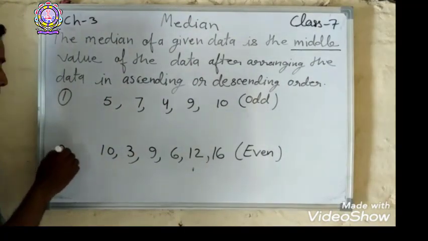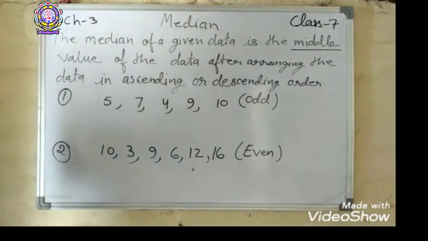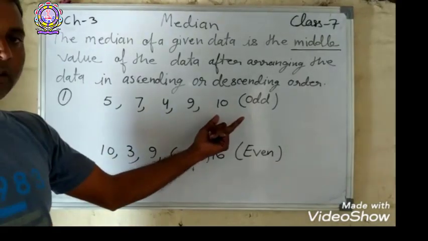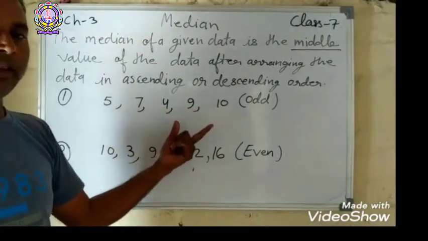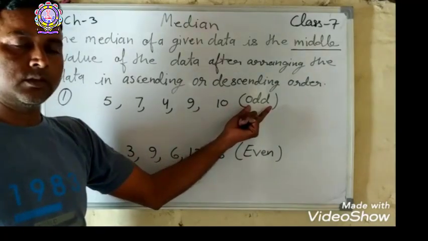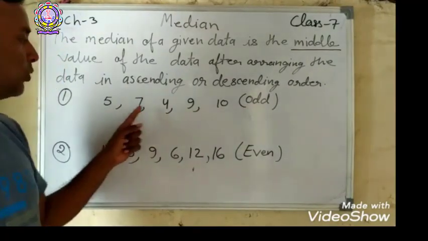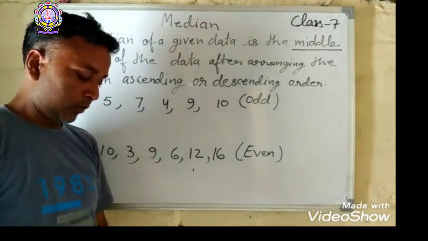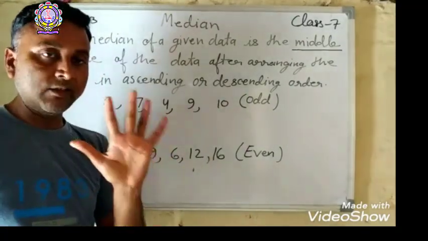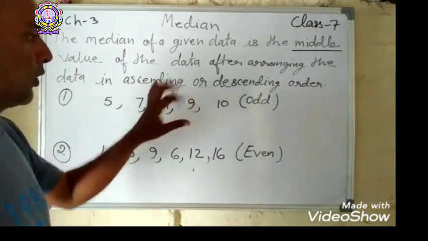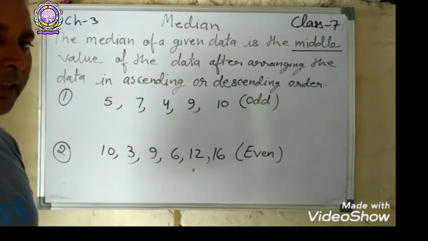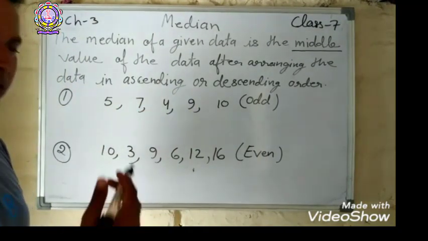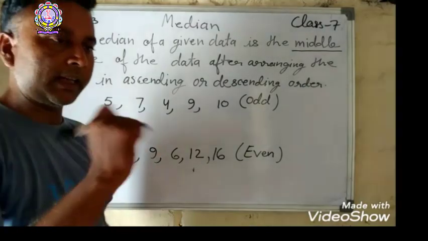First example, when the observations are odd in number: observations 1, 2, 3, 4, 5. There are 5 observations, so 5 is an odd number. For odd numbers, how do we find the median? Without a formula, you can directly give the answer.